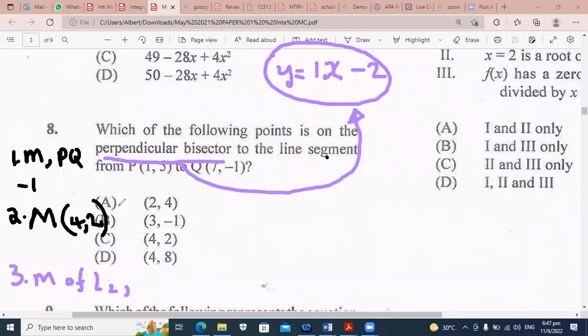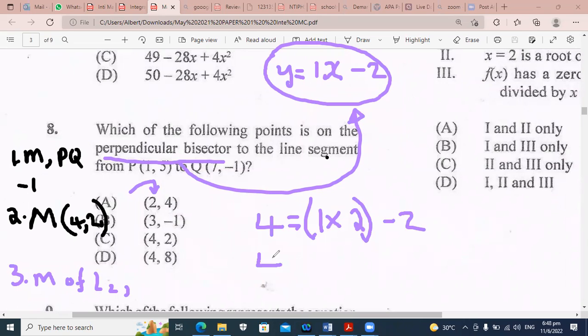Let us try A. So A, what is x in A? 2. What is y? 4. So we use this equation. y is 4, so 4 is equal to 1 multiplied by x, what is x? 2, subtract 2. You all see that? I just put x and y into this equation from A.